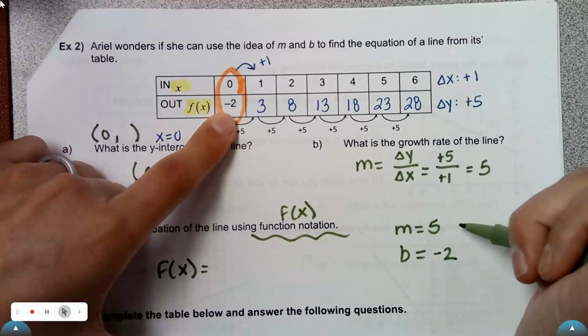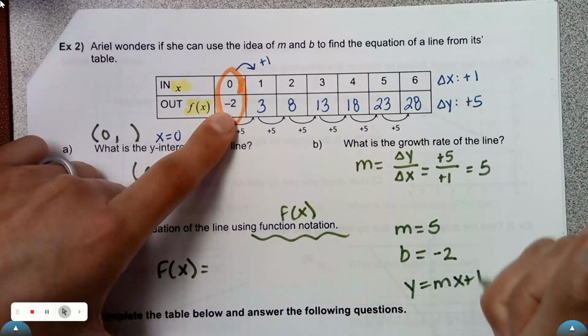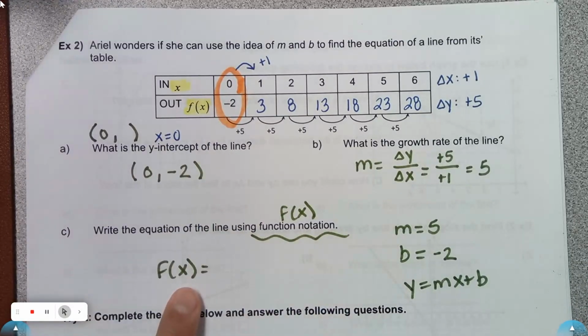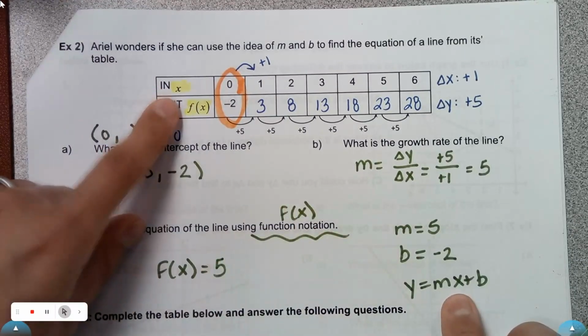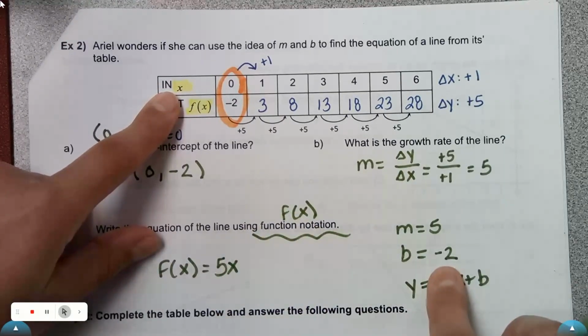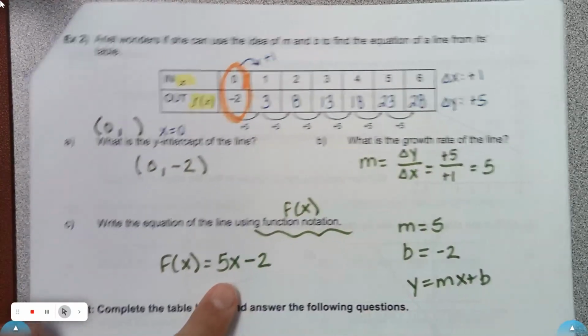So I have my m and I have my b. Remember, your equation always looks like this. So because I'm using function notation, it's f of x. My m is the number 5. I'm using x, right, because my problem tells me that. And my plus b is going to be minus 2. So that's my final equation.